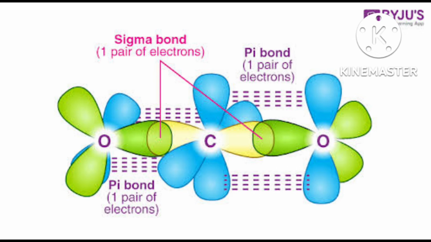This question is again asked, a one mark question: what is the bond length of hydrogen molecule H2? Because this is common. The hydrogen molecule is common, hence for hydrogen molecules you should know all the things.